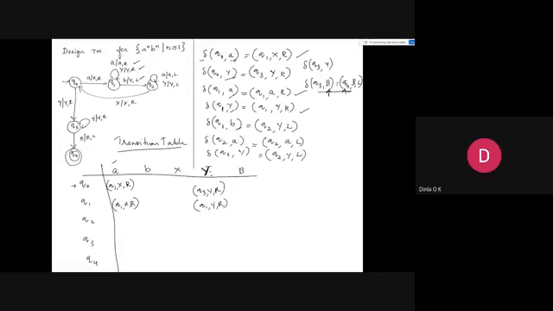From Q1 on B, we can write Q1 and the B transition: we will reach Q2, replace with Y and move towards the left.